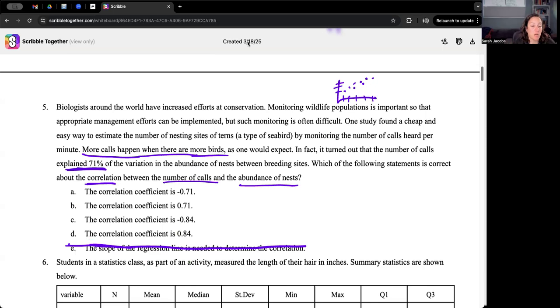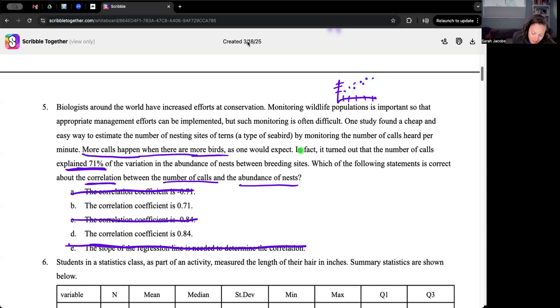So remember, when we're describing scatter plots: strength, form, direction, Sir Francis Drake. So strength, pretty strong. Form, this one looks pretty linear. And direction is positive. Correlation is going to have the same positive or negative sign as the visible slope in the scatter plot. So we can get rid of our negative answers.